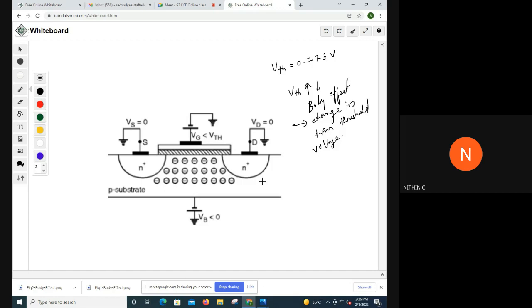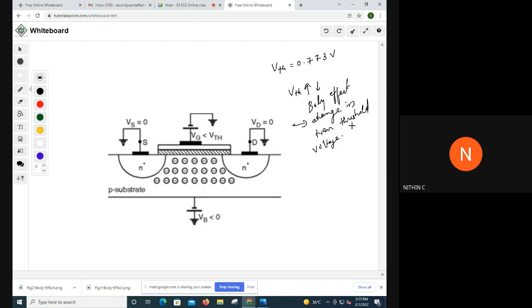Why? Because of the difference between the voltage at the source and body. Usually these two are the same, but when there is a difference, this will happen.